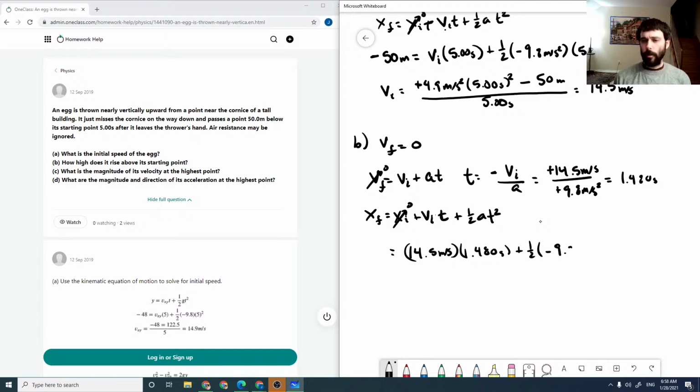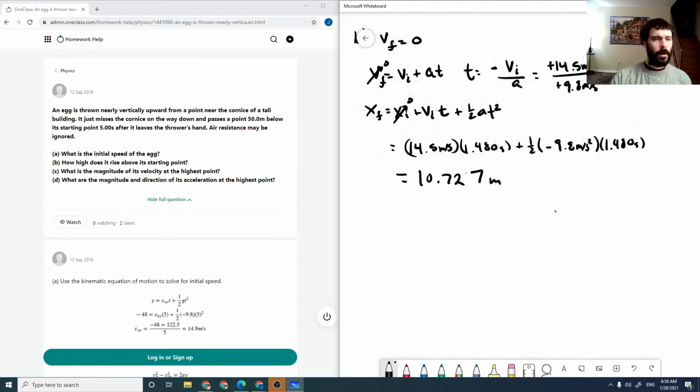This is negative 9.8 meters per second squared. So this equals 10.727 meters.